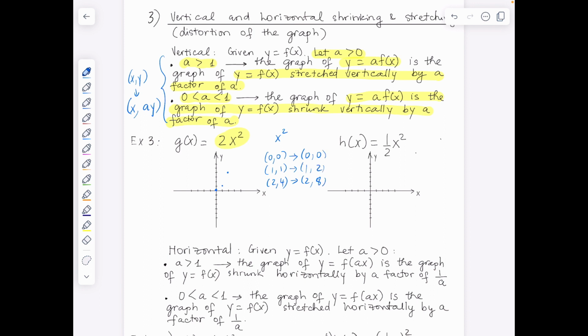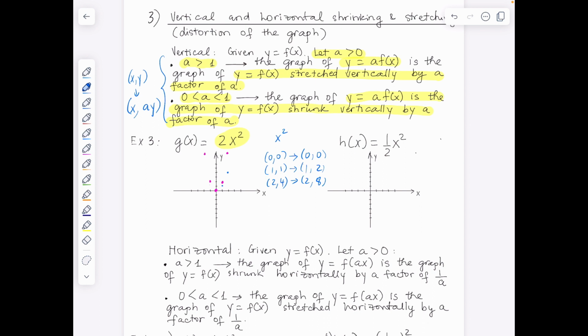So now, let's plot those points: (0, 0), (1, 2), and (2, 8). Because a parabola is symmetric along the y-axis, I can just reflect some points over on the other side of the y-axis here.